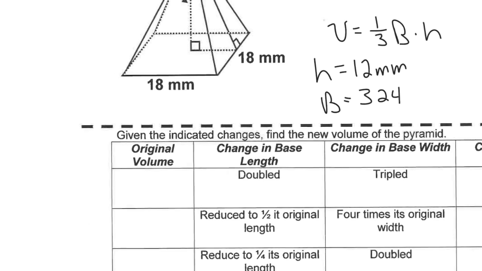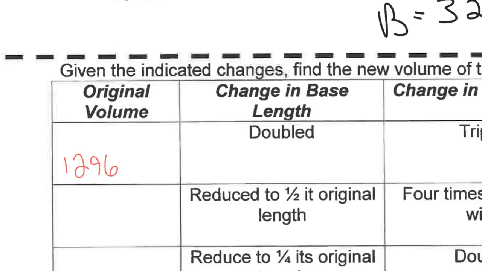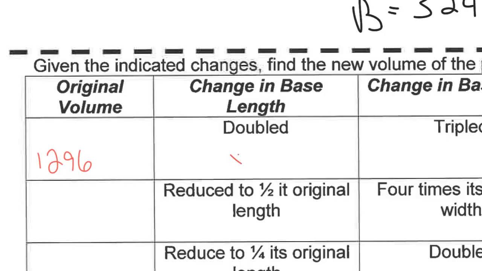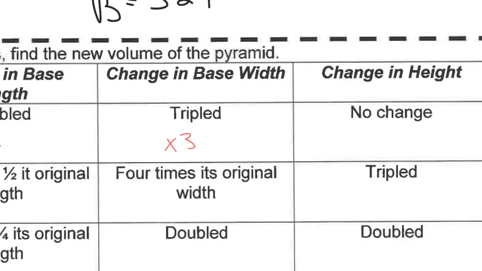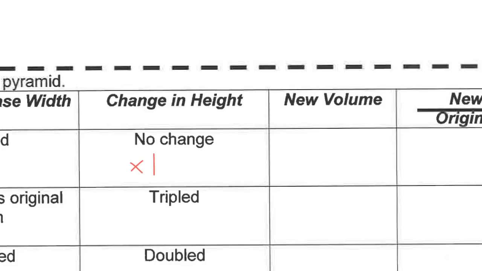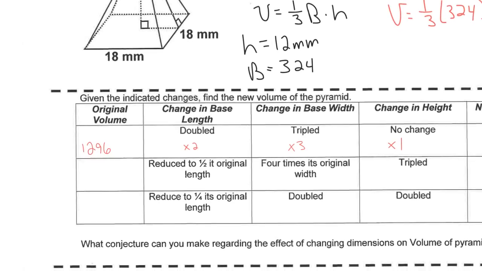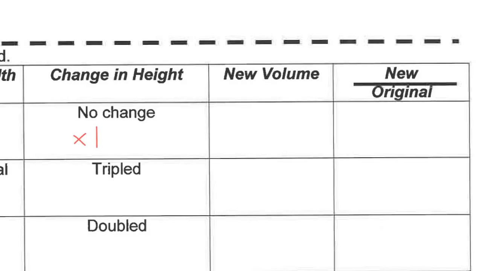So our original volume is 1,296. If we're going to double it, we're going to multiply it by 2, triple it times 3, and no change would be like times 1, but in our case, you don't even really have to do it. If you multiply 1,296 by 2, by 3, and by 1, you end up getting 7,776.